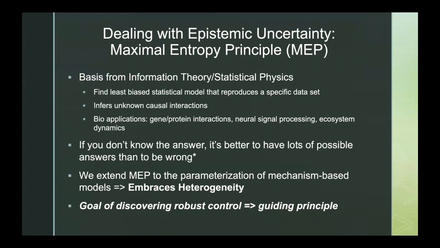Which is based on the idea that you want to minimize the bias when you're talking about the possible configurations that are available to explain a particular phenotype, right, or data structure or whatever.